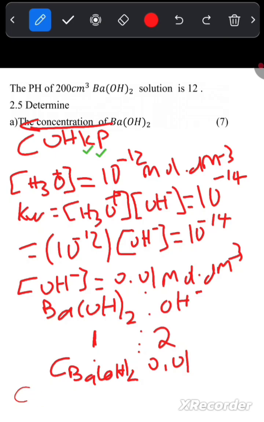The concentration will be equal to 0.005 mole per cubic decimeter of barium hydroxide.